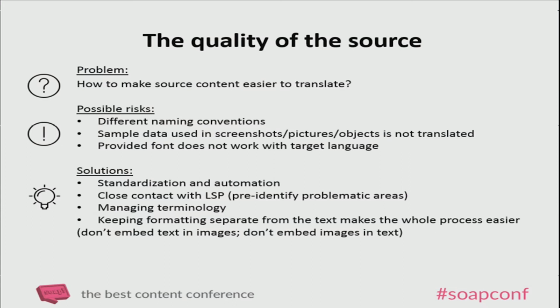Making everything automated makes the process easier when you want to translate it to more languages. And still managing your terminology, because terminology changes and must be updated and reviewed. So it's really important to keep in mind.